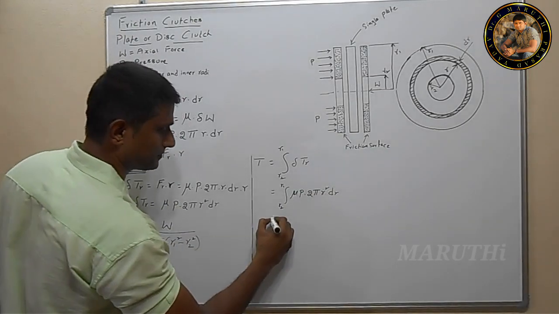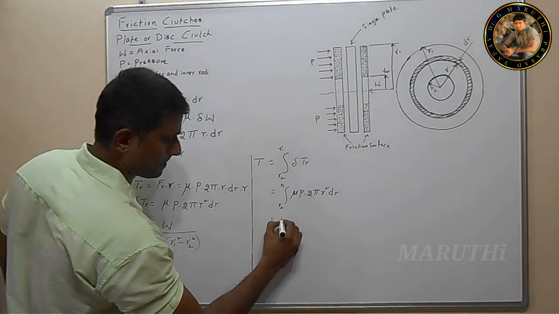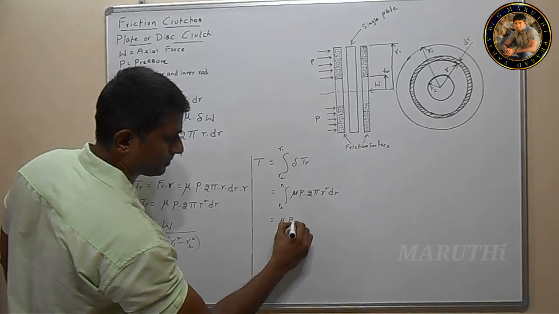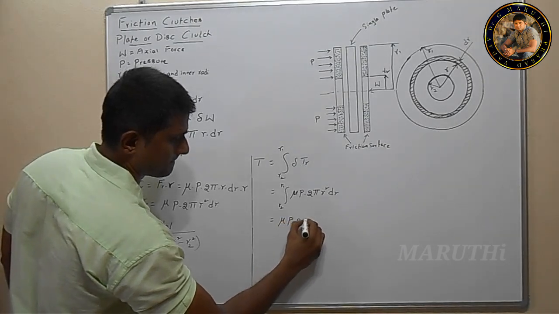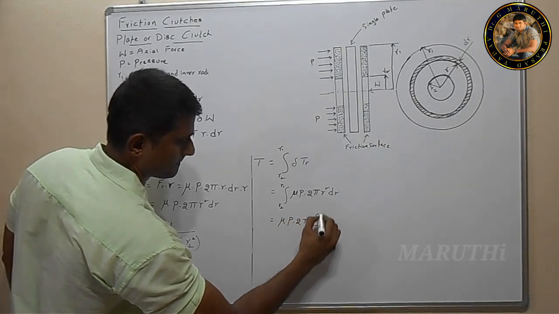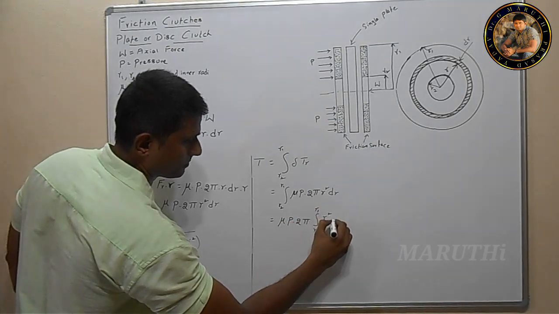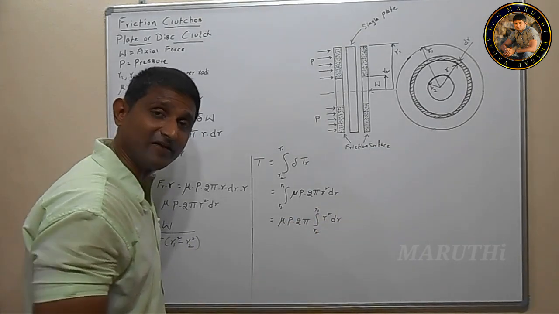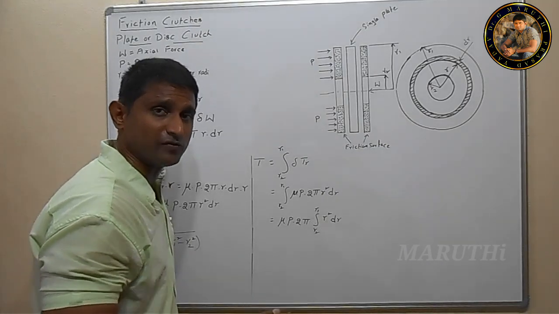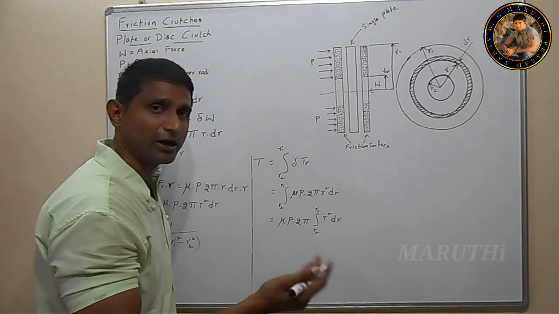Taking constants outside, we have the integration of r square dr. We all know that the integration of r square dr is r cube by 3.